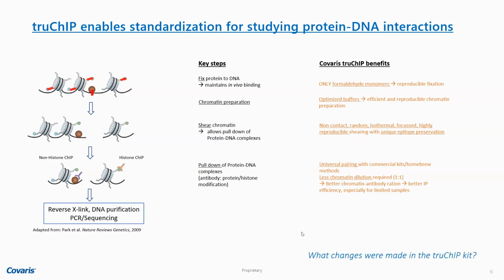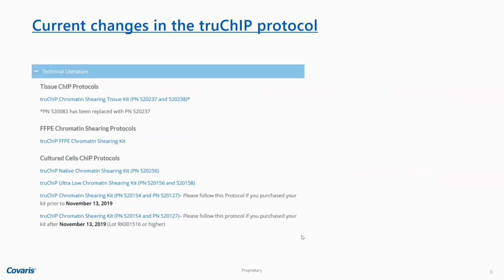So I told you that this protocol helps you in chromatin sample preparation and shearing, but due to feedback from the field, we implemented a few changes to the kit, and I would like to briefly go about these changes.